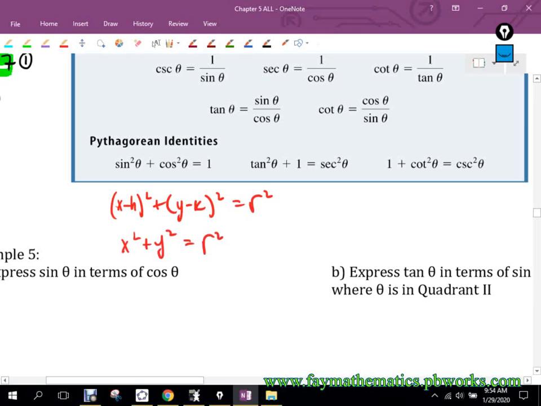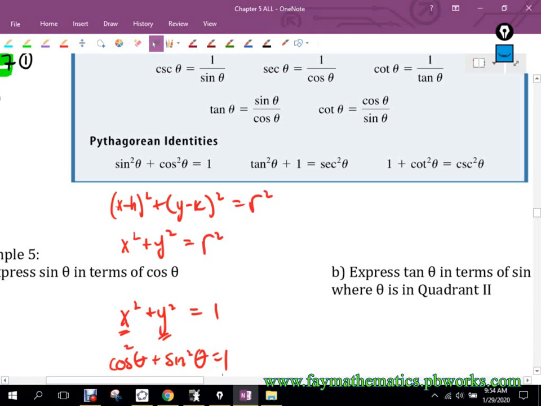Now we're interested in r being 1. When r is 1, it's a radius of 1, so it's a unit circle. In x squared plus y squared, we just said x was the same thing as cosine and y was the same thing as sine. So that's another way of generating that formula.